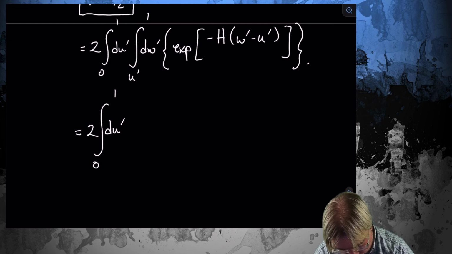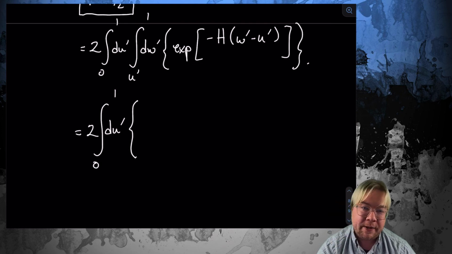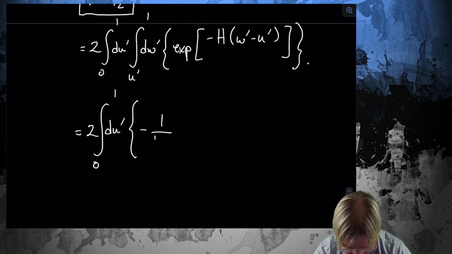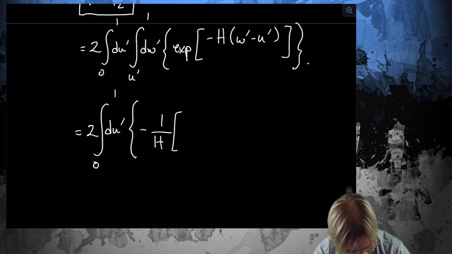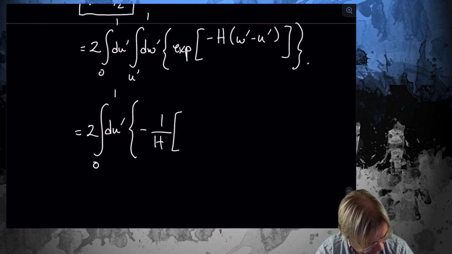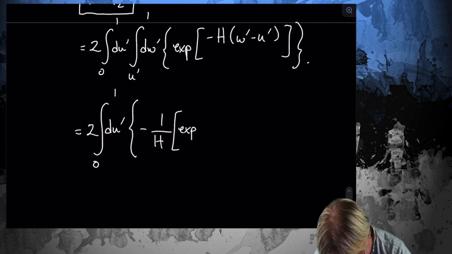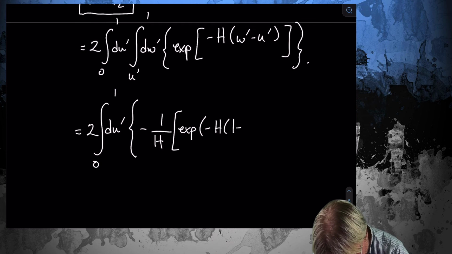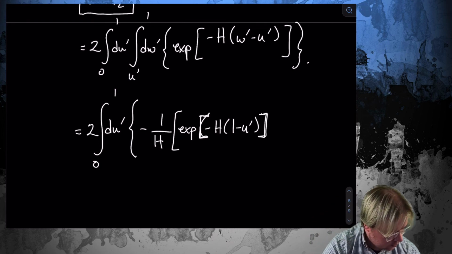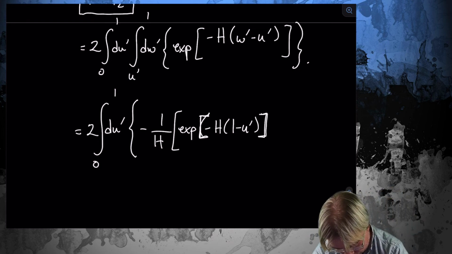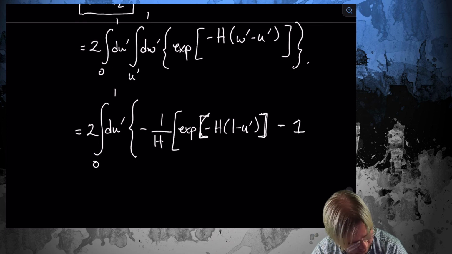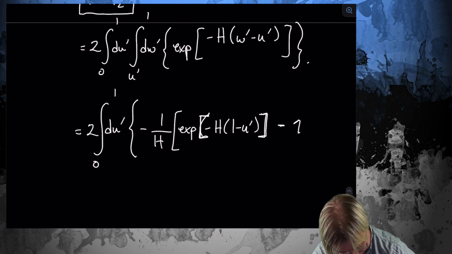And then that first integral of the exponential will give us minus 1 over h times the exponential of minus h times 1 minus u prime, and then minus 1.